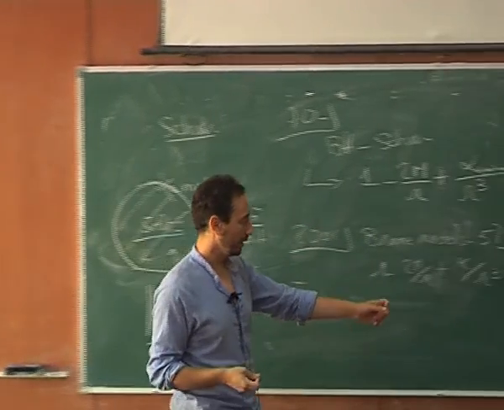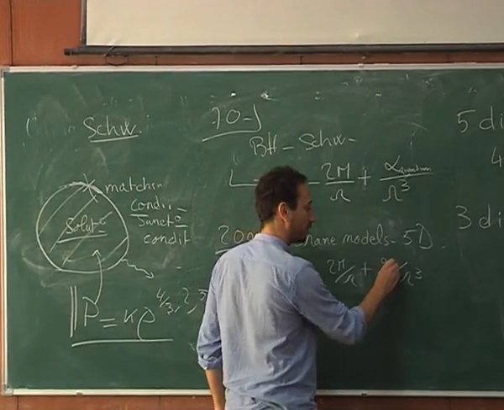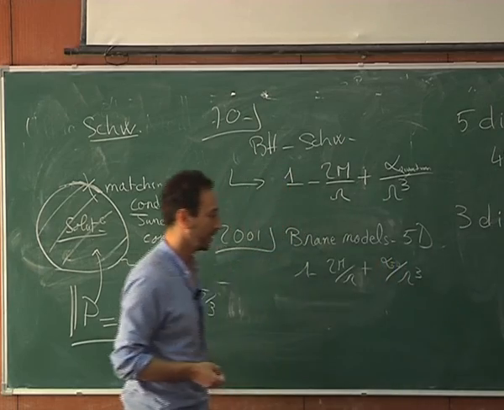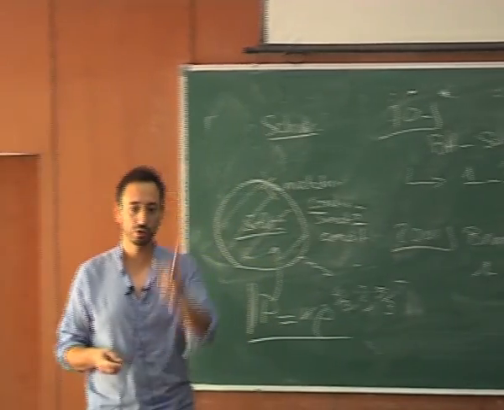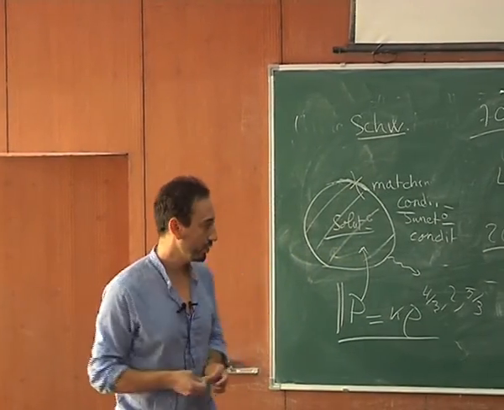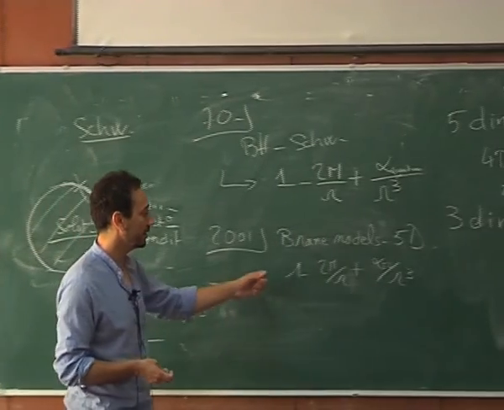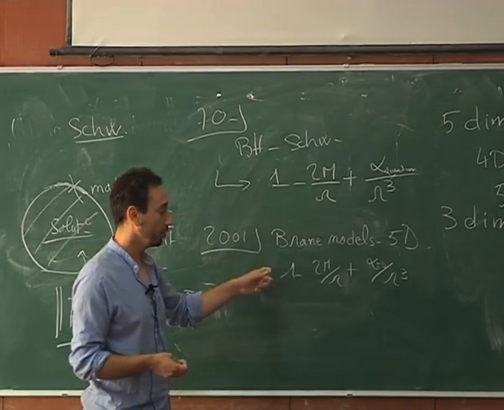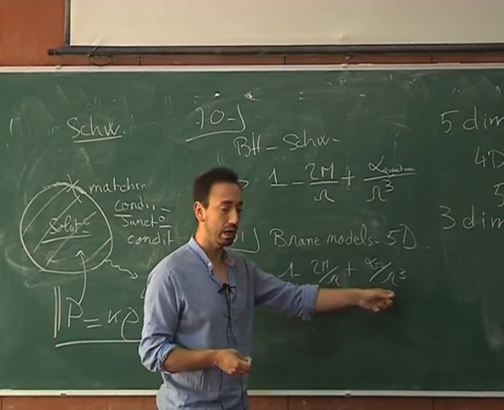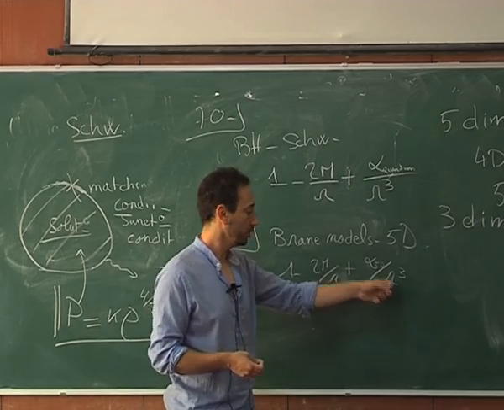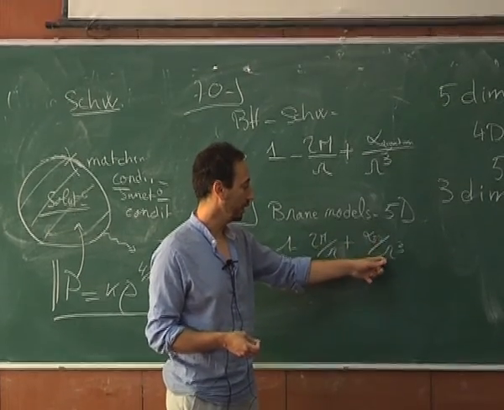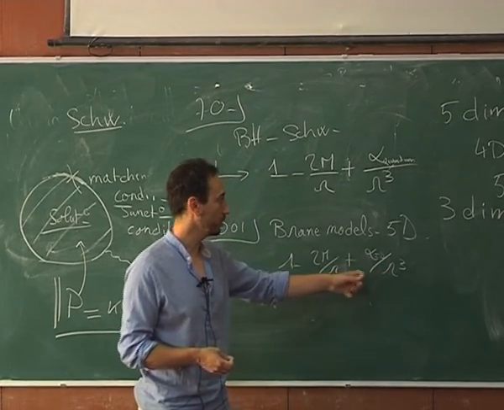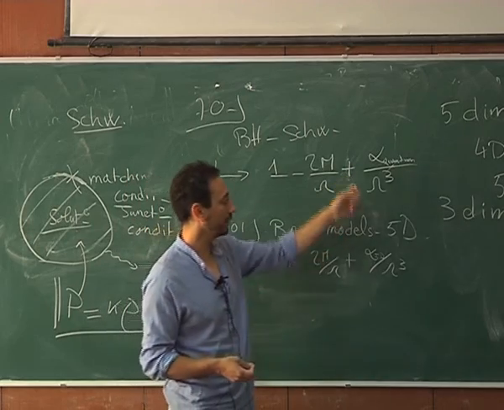But this correction here comes just because of the extra dimension. It's just a correction which comes because of the extra dimension. So you see that you have, in some sense, the same picture here and here. You get the same correction. You don't get 1 over r squared, like a charged black hole. You get 1 over r cubed, actually. This is the quantum correction to Schwarzschild solution, and you get the same thing.